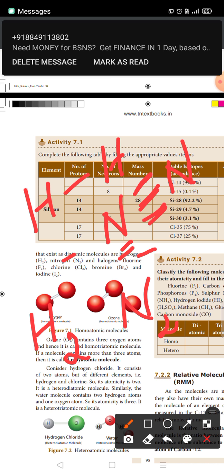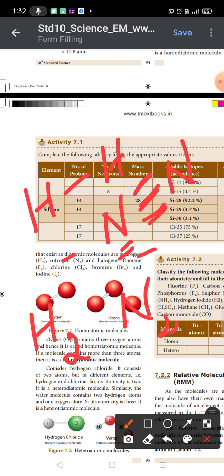Fluorine, chlorine, bromine are gases of the halogen family, and we can write them as F2, Cl2, Br2, I2 like that.